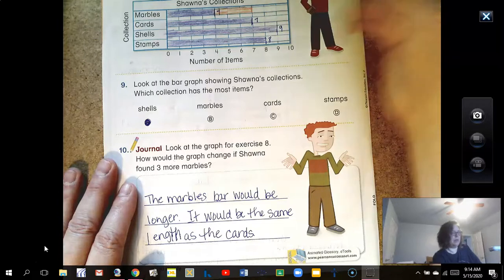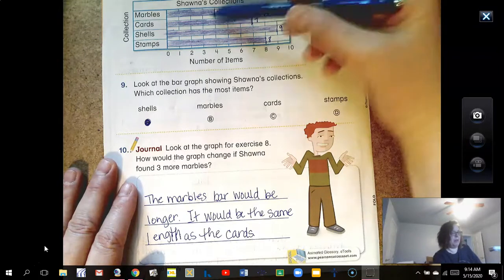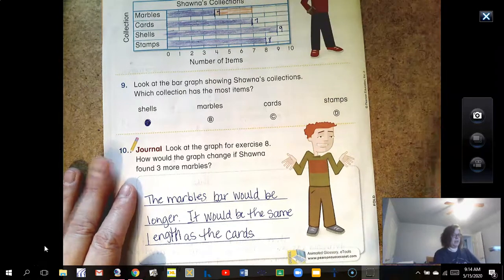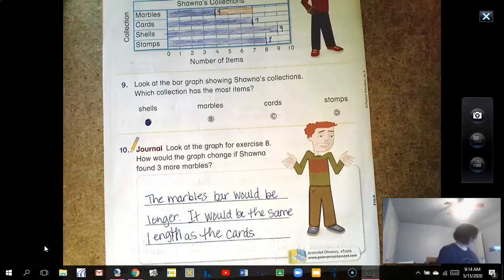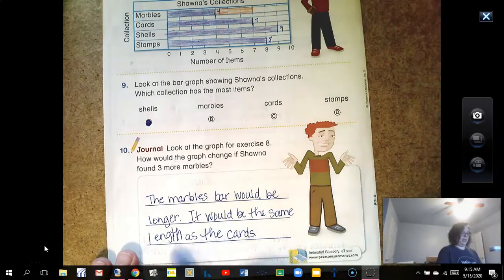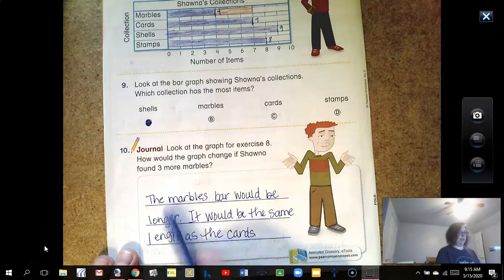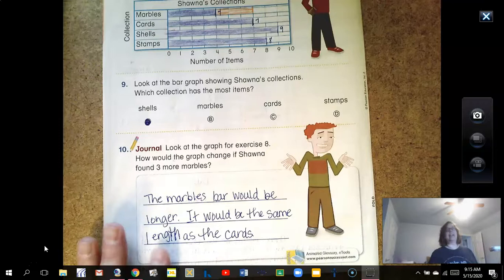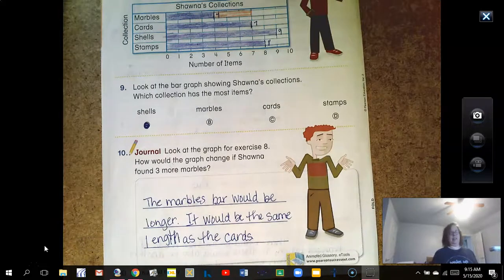They collected the fewest marbles. But if we added 3 more, then marbles and cards would be the lowest. Okay, it would be the same length as the cards. The marbles bar would be longer. Or you could say they collected the same amount of marbles and cards at that point. Okay?